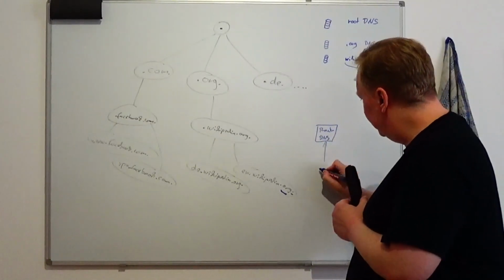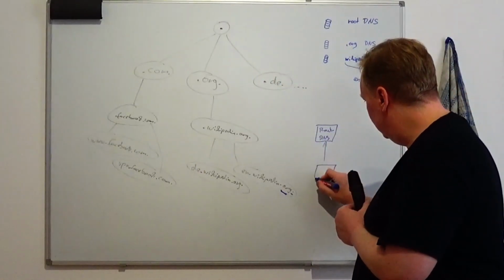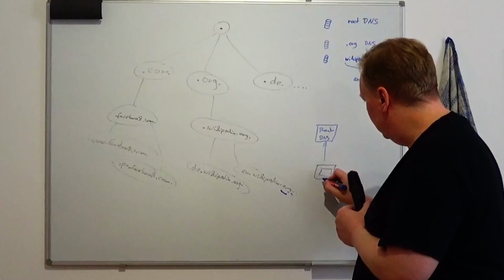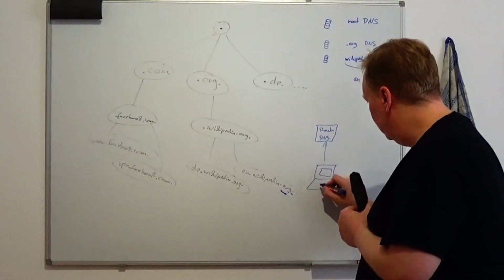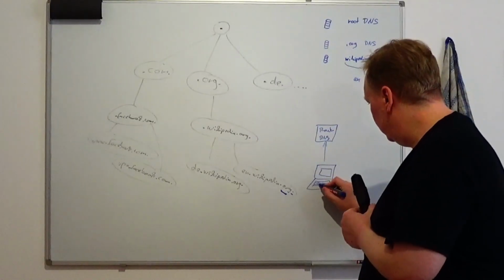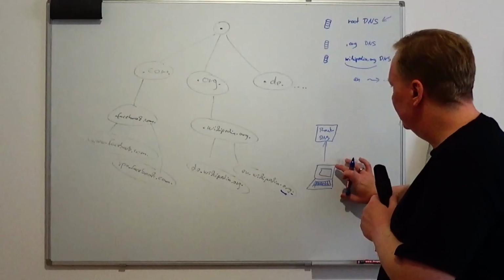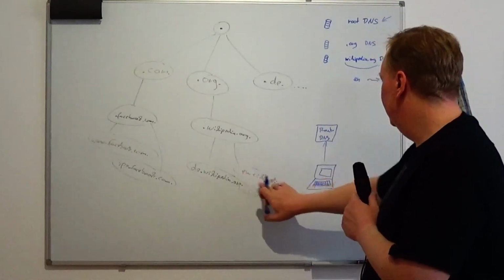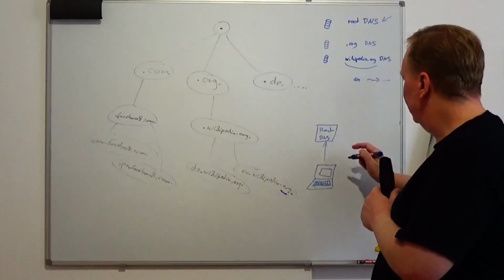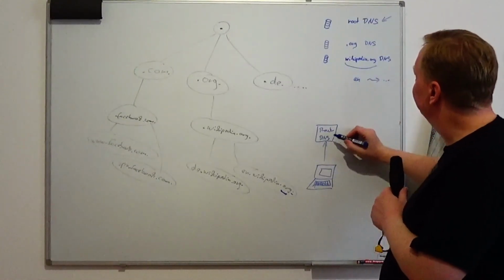And when you connect to some address from your computer, okay, so when your computer tries to resolve a URL here, then it will send a DNS request to your router.